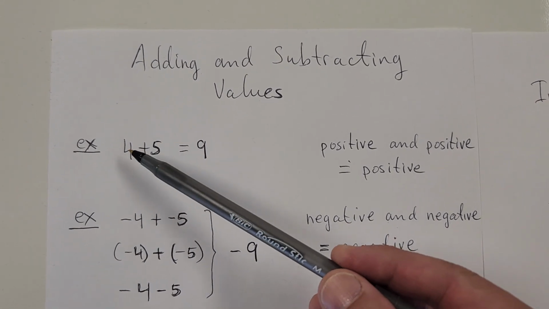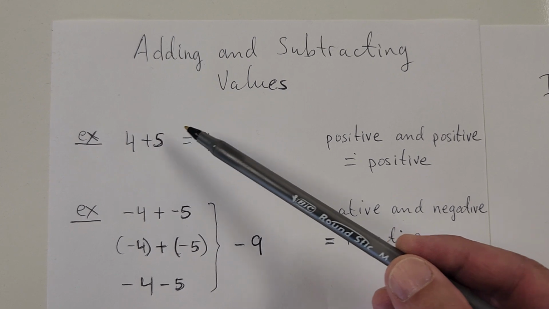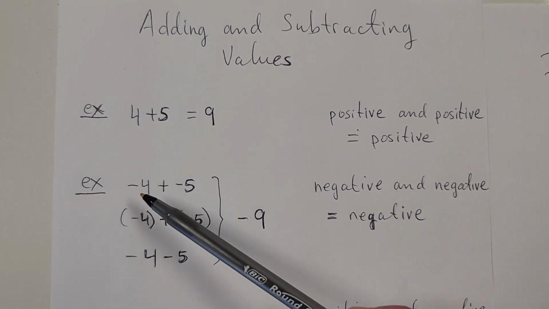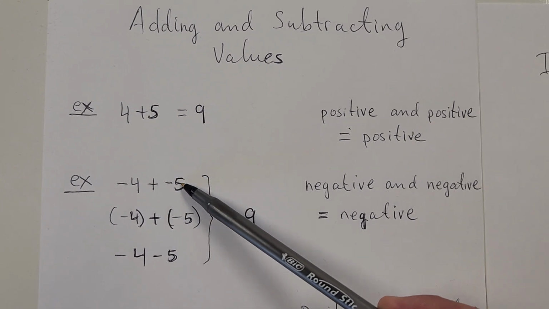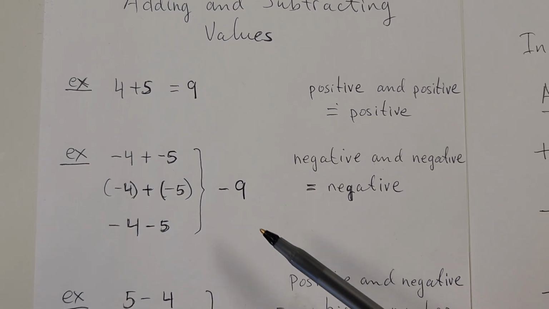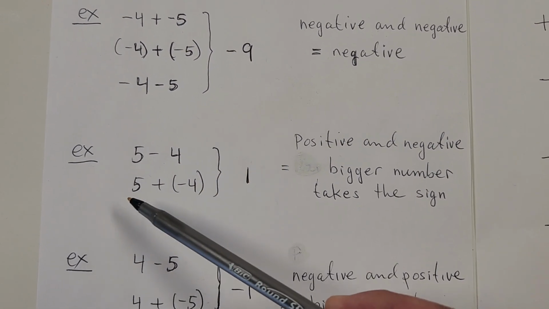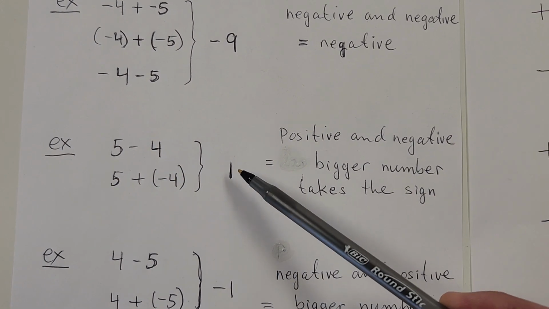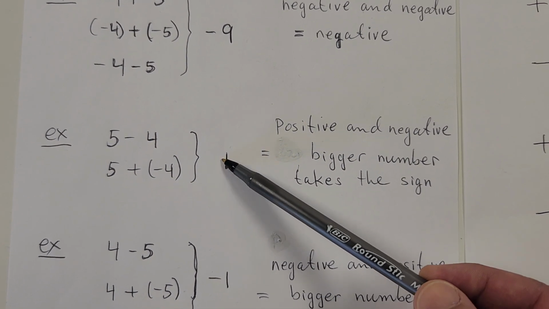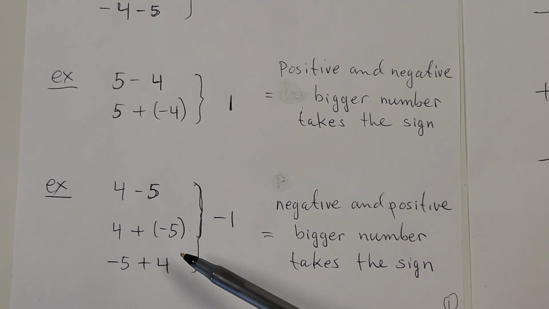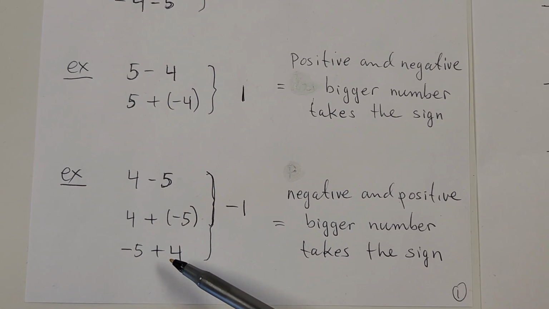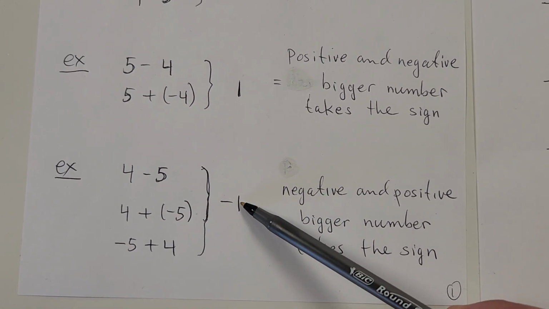Again, positive plus positive stays positive. Negative plus negative stays negative. Positive plus negative, the bigger value will keep the sign. That's why it's still positive 1. And the reverse, negative 5 plus 4 is negative 1.